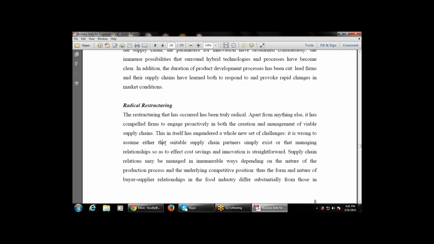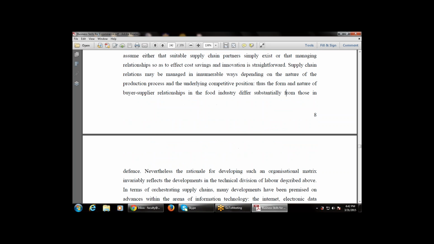So it is wrong to assume that suitable supply chain partners simply exist, or that managing relationships so as to effect cost savings and innovation is straightforward. Supply chain relations may be managed in innumerable ways depending on the nature of the production process and the underlying competitive position. Therefore, the form and nature of buyer-seller relationships in the food industry differ from those in various other industries, for example defense.